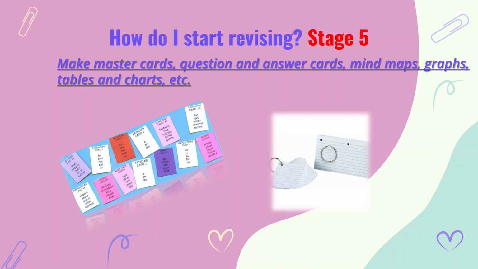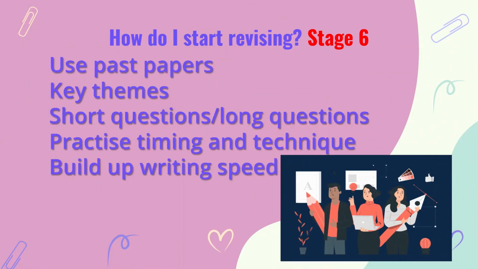Stage 6 is that you should use past papers, key themes, short questions and long questions. Practice timing and technique and build up writing speed. This is important, especially if you know that you write quite slowly in an exam.